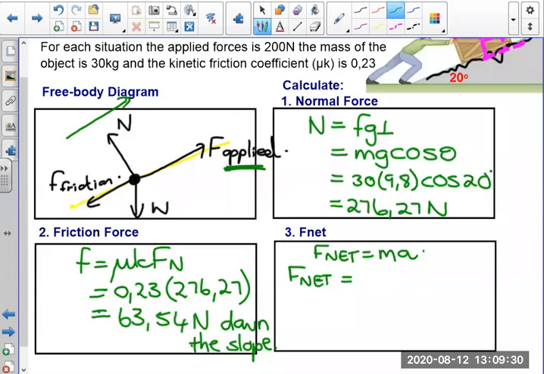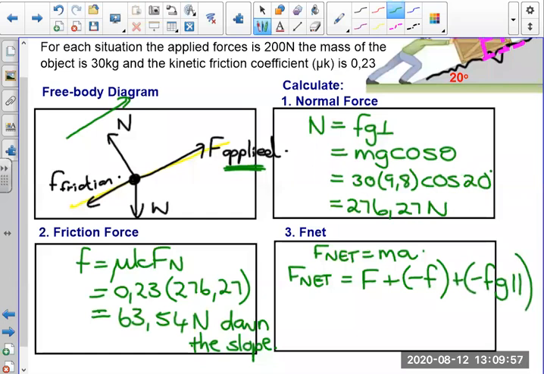So the front force is the applied force. Okay. Then the back force is friction, because there's friction. But it's here where you don't forget about FG parallel, because that's the force that is making sure that the object rolls down a slope. So I'm going to say minus FG parallel, as you can see it there.